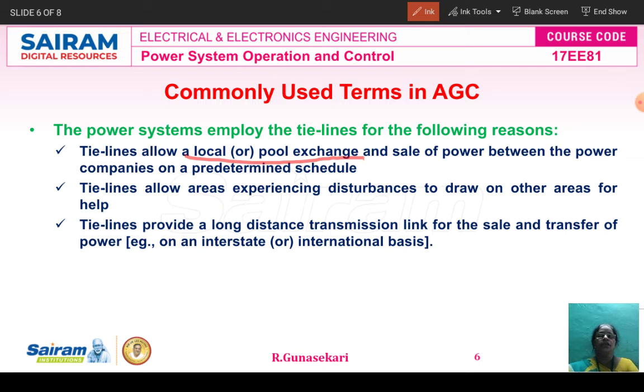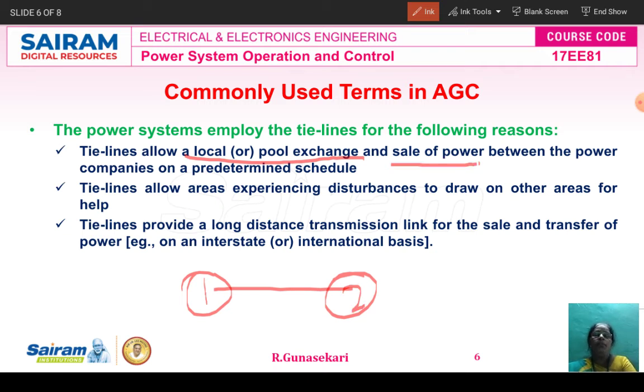That means here, area 1 and area 2 are both interconnected, so power is exchanged or sold between these areas. That's why the tie line allows local or pool exchange or the sale of power between the two power systems or power companies, whatever they may be, on a predetermined schedule.